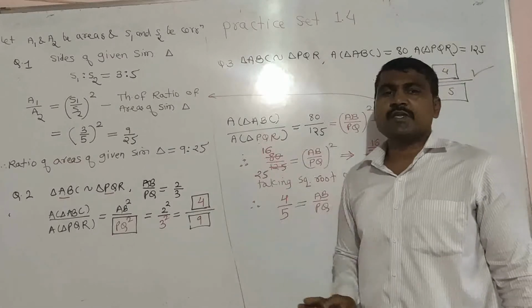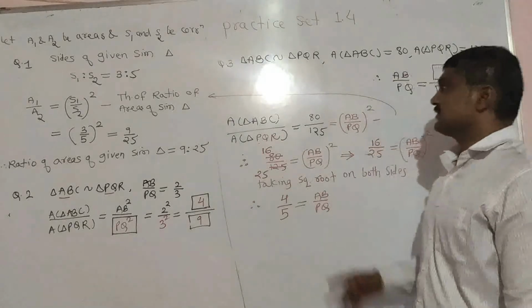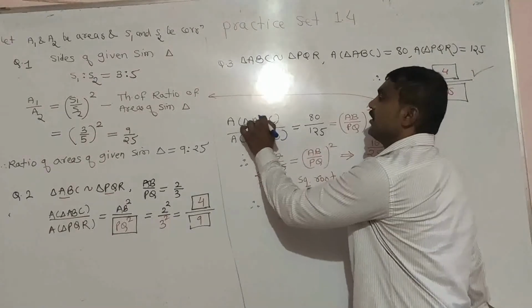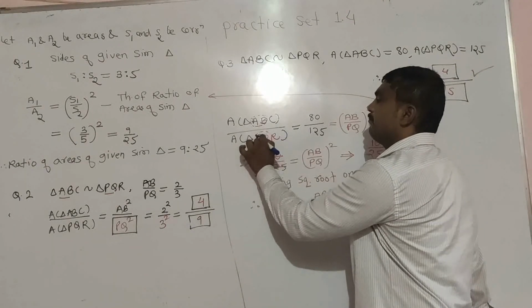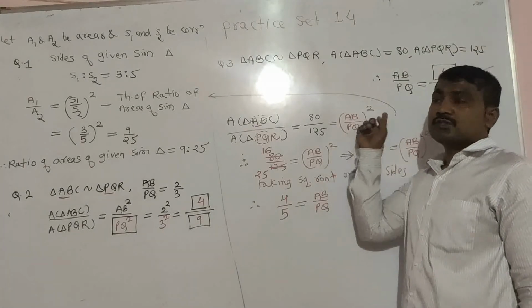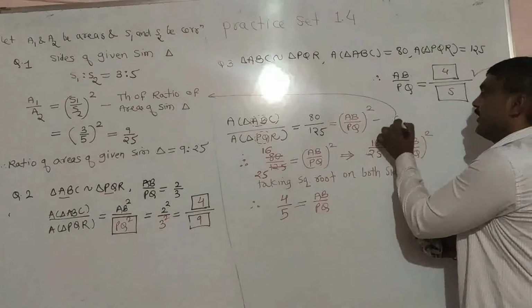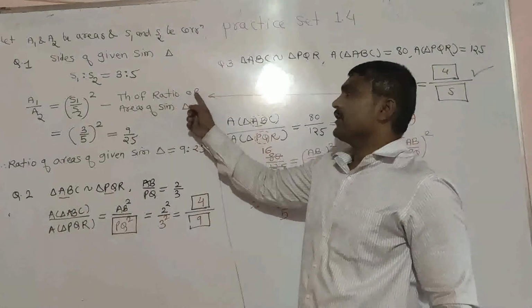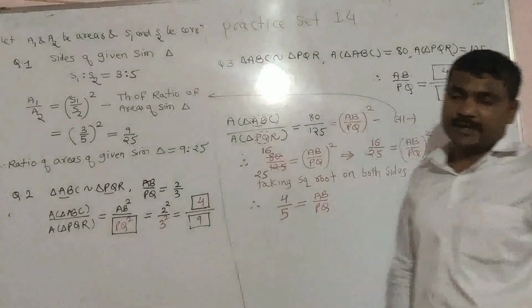Take any corresponding side. Here we want side AB upon PQ. That's why I have chosen AB and PQ squared. The reason is the theorem of ratio of areas of similar triangles.